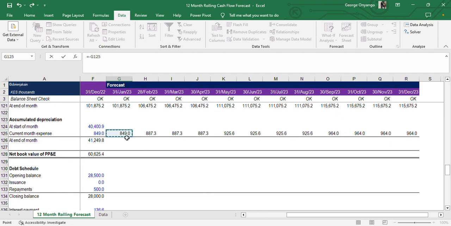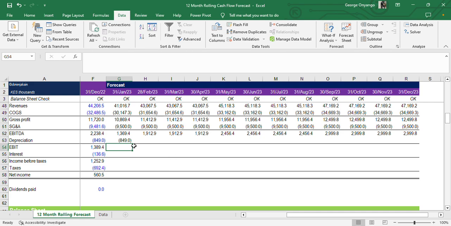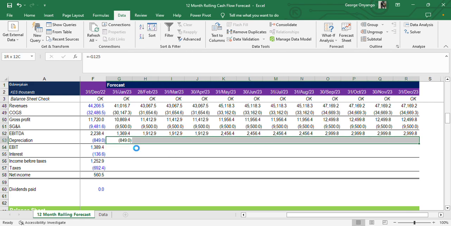You take that, then we fill right, and kaboom, we are able to get our depreciation.